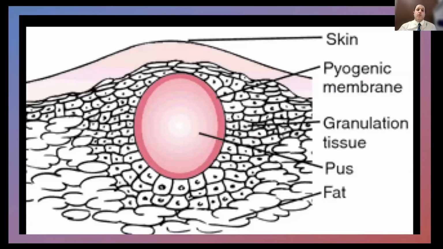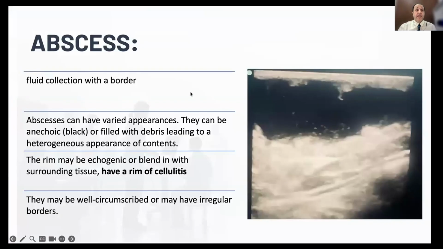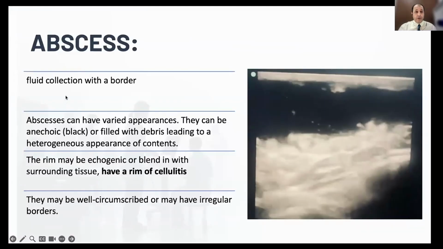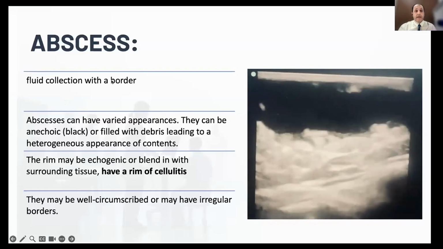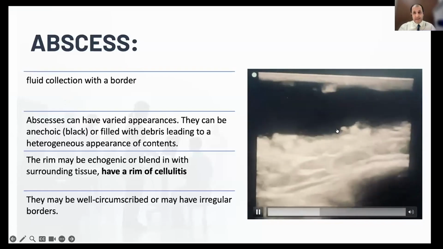In the abscess, what we have is fluid accumulation, pus accumulation under the skin, some granulation tissue around the abscess, and actually we may have a normal fat or a pyogenic membrane around the abscess. So the abscess is a fluid collection with a border.